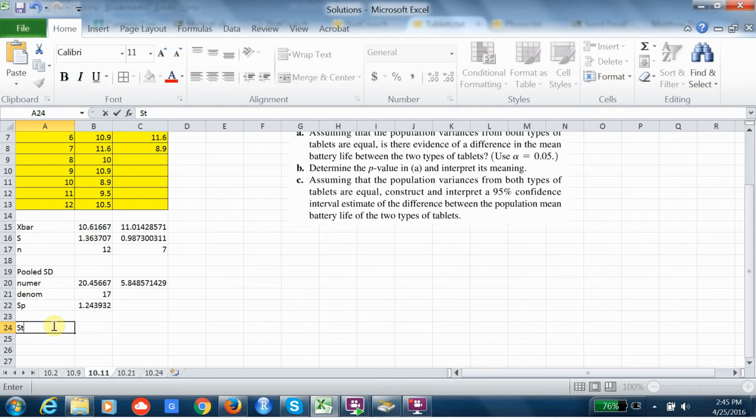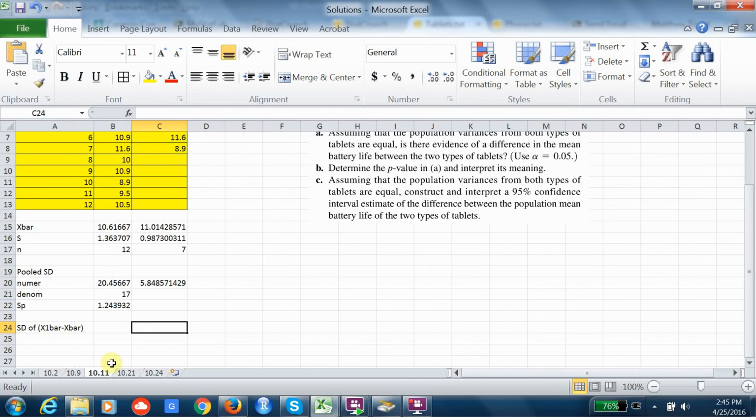And the last thing I'm going to do is compute the standard deviation of x1 bar minus x2 bar. So this is a standard deviation of my estimator. Okay?